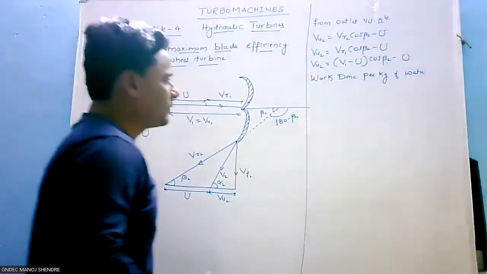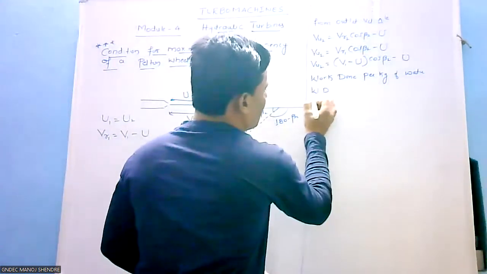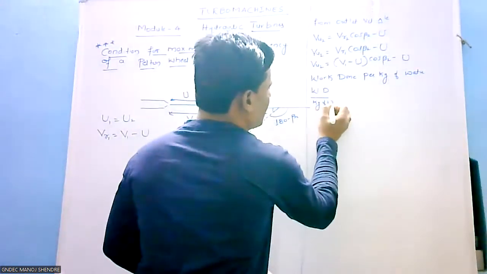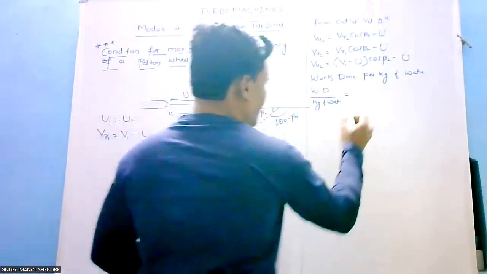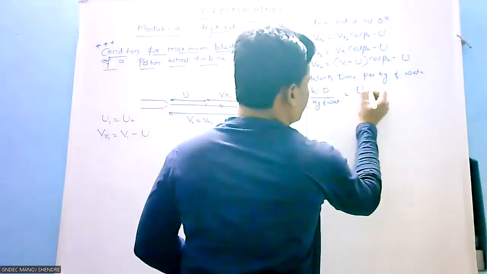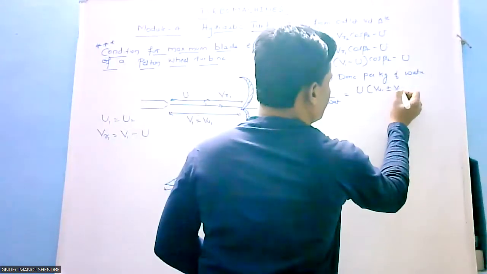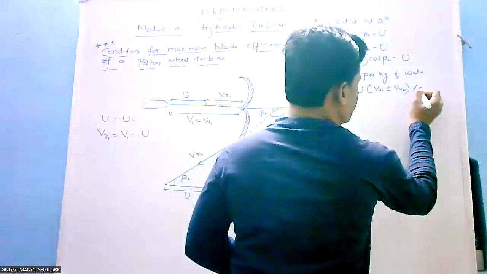So with the help of that equation, I can write work done per kg of water. It can be written as U into (VU1 plus or minus VU2) divided by gc.